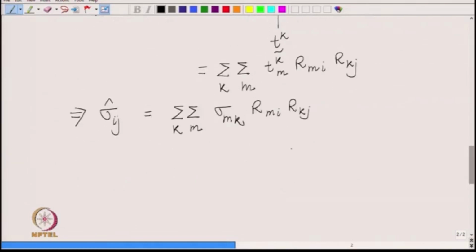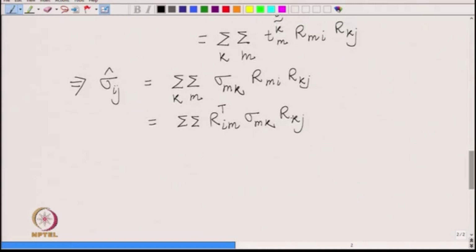All right. Now, we can do a little bit of rearrangement, we are almost there. So, this becomes double summation R transpose Im, see, Rmi is the same as R transpose Im, remember from the first lecture. So, this times sigma mk into Rkj. Okay. Now, you can see it is basically the product of the three matrices here.